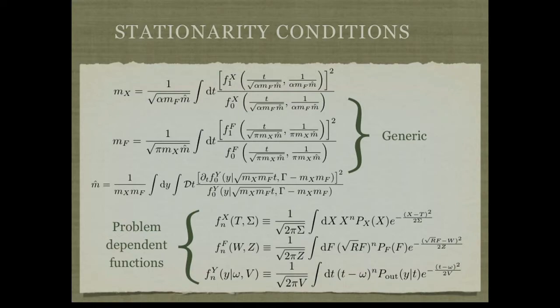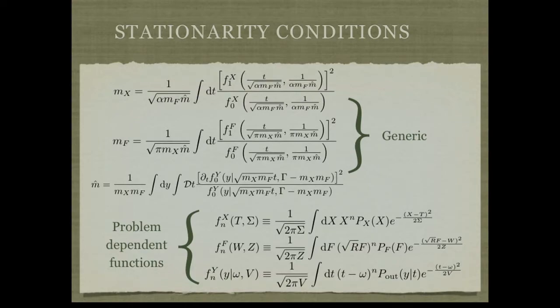But again, these are a set of three equations that are somehow decoupled. None of it depends on the distribution of the x and f and the p out, so this is very generic. The only thing that depends on what precisely your problem was are these particular functions here.